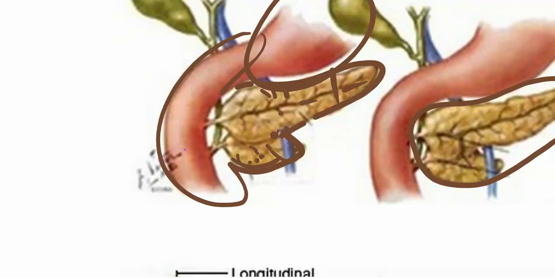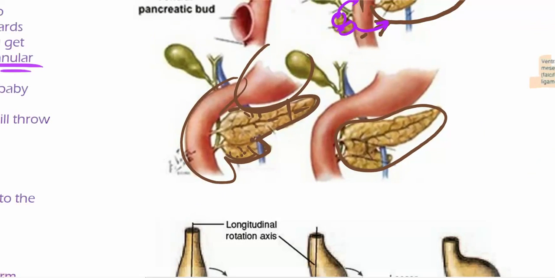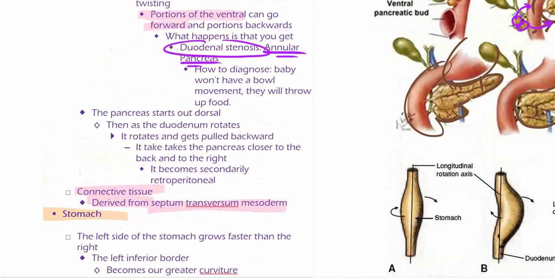Common hepatic duct, which goes with the cystic duct to make the common bile duct, which then fuses with the major pancreatic duct, and then empties at the major duodenal papilla area. Cool. All right. So that's that.